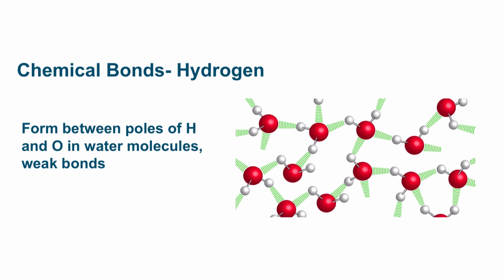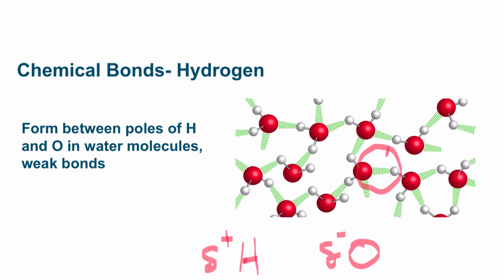Now, hydrogen bonds are interesting because they're weak bonds, but at the same time, they contribute to some of the most interesting phenomena on our planet. Hydrogen bonds are between the partial negative pole of the oxygen on a water molecule and the partial positive pole of the hydrogen in another water molecule.